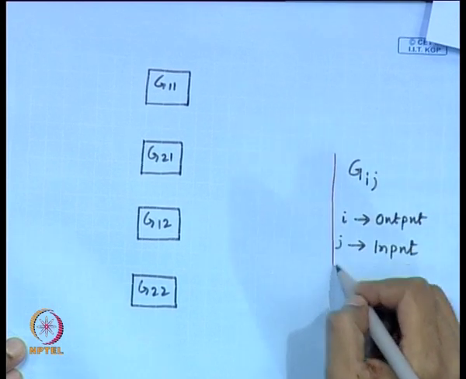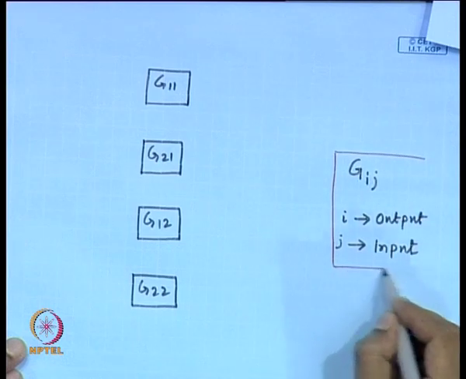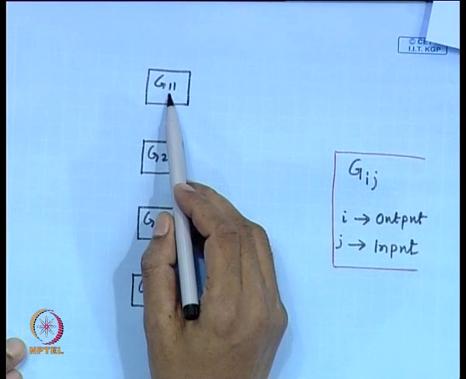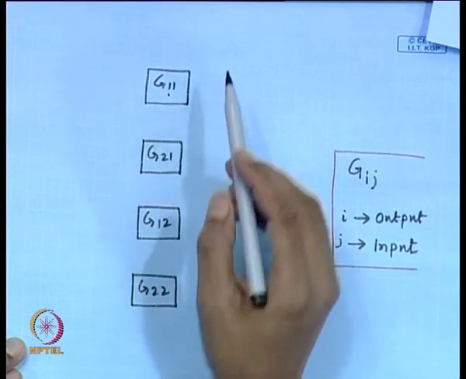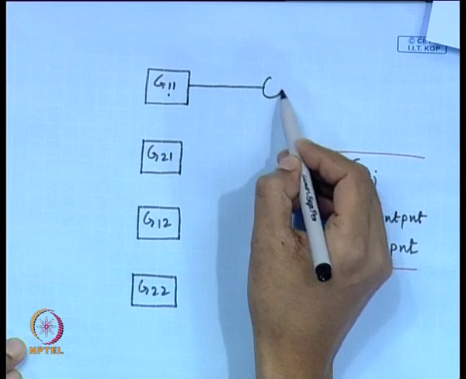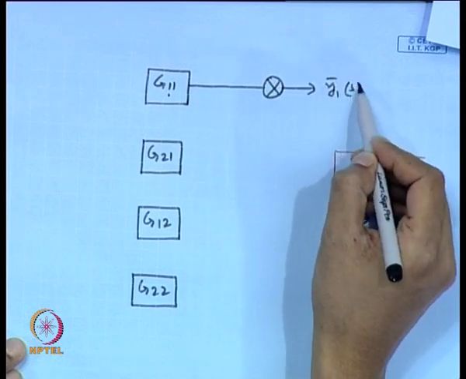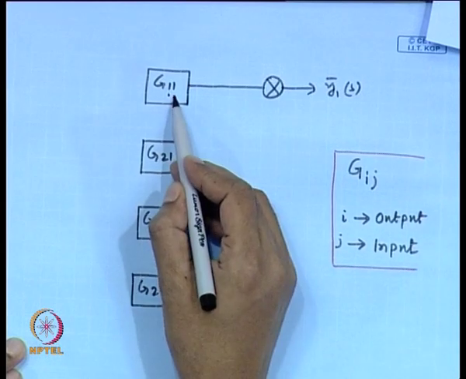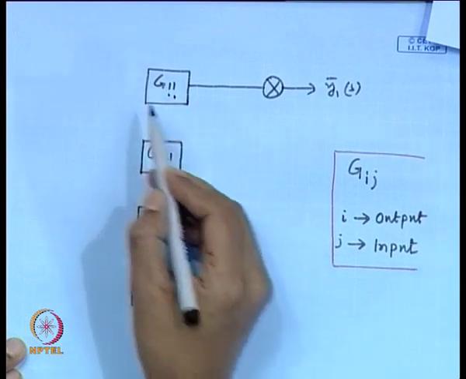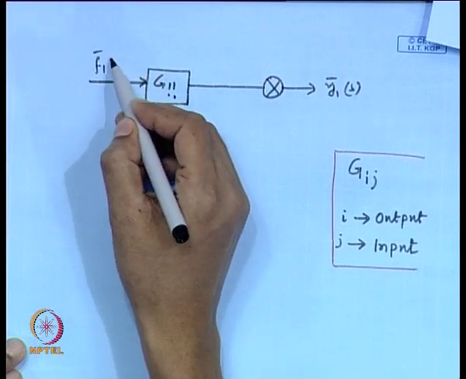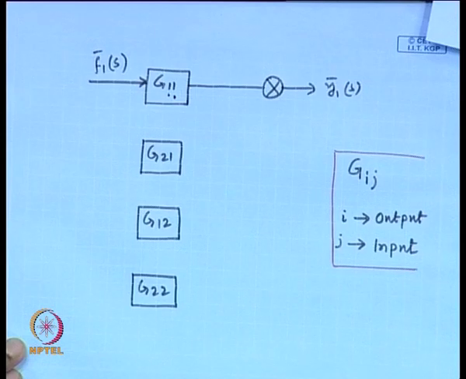So, this is the nomenclature of the transfer function. So, G11, this first one means output, so the output is y1, second suffix 1, that indicates the input, the first input. Agree?